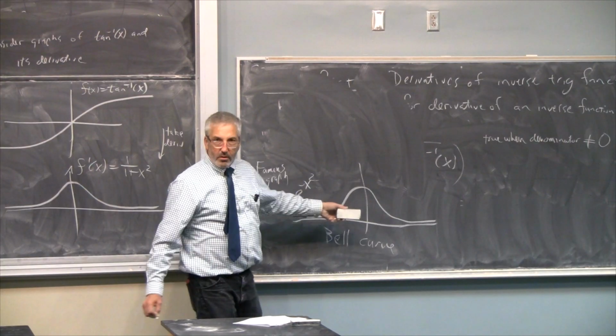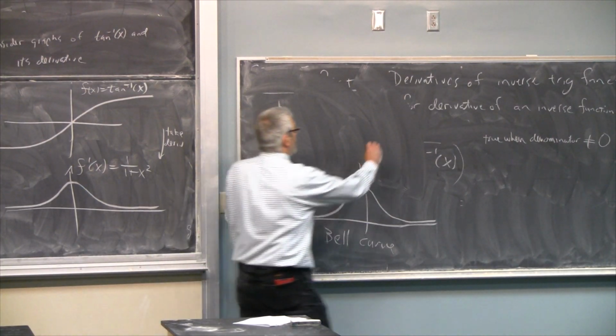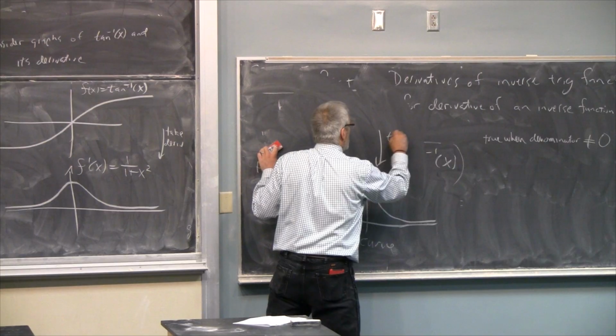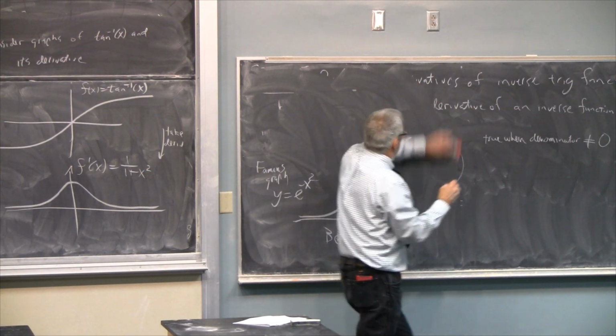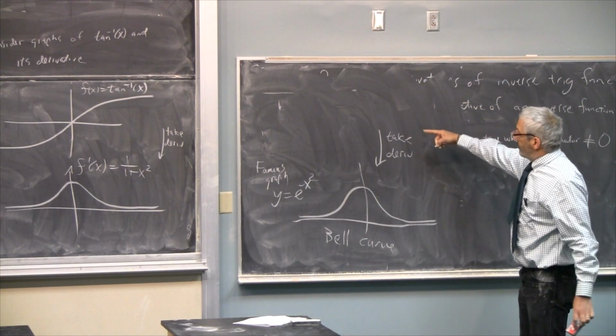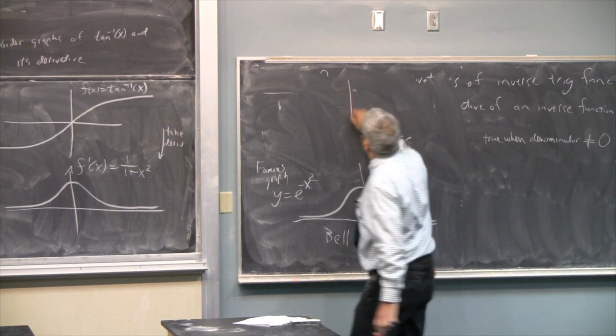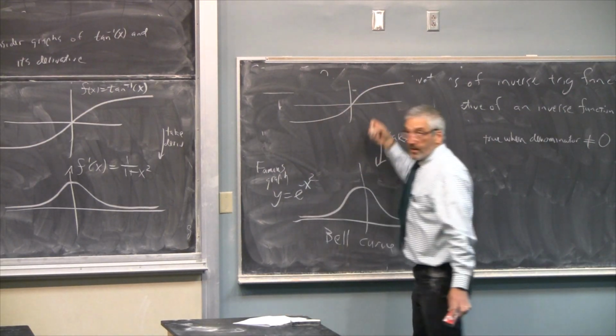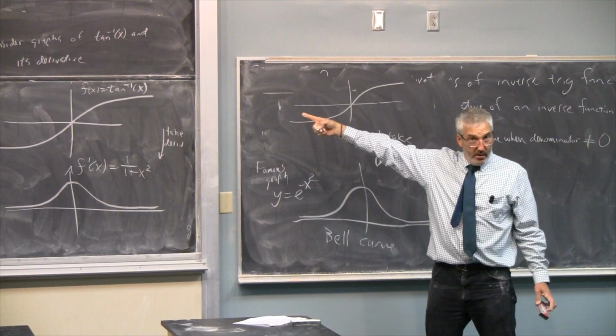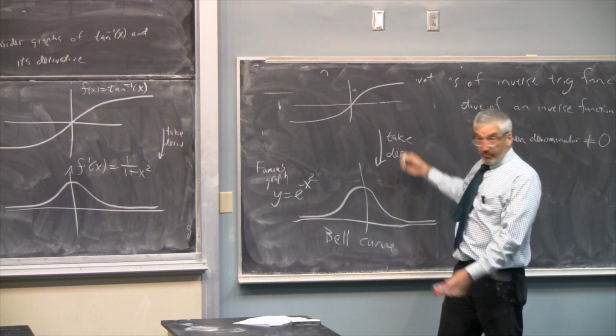So if the bell curve looks like this, and you ask, what's the function whose derivative would be this? It's going to be a function that looks like that function. But the thing is, this is really famous.